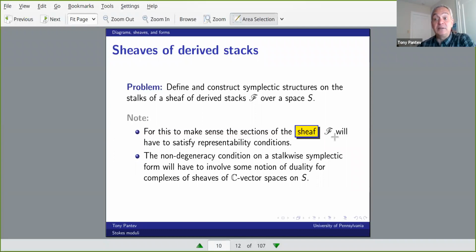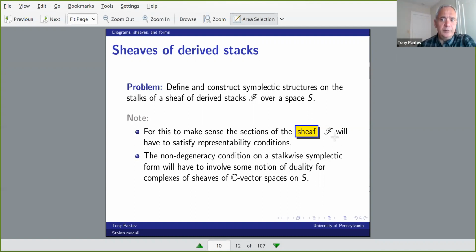So that requires some notion of duality on the base, because you look at sections of your family, and so you'll pull back the tangent complexes. This will be complexes of vector spaces on the base, and you need to be able to say what it means for such guys to be dual. So you need some notion of duality in the sheaf theory on the base.